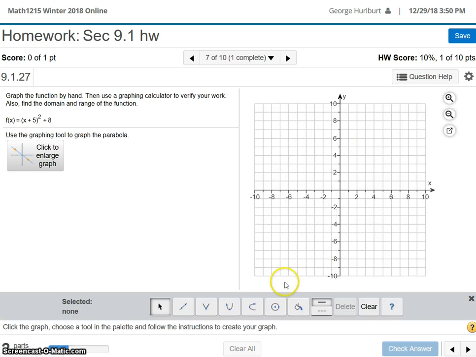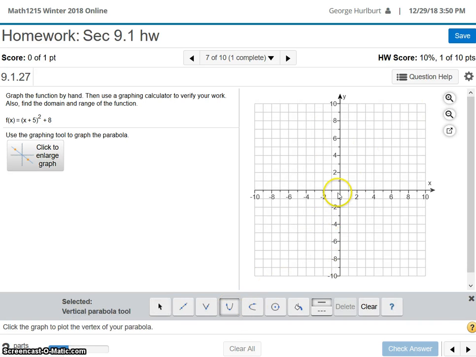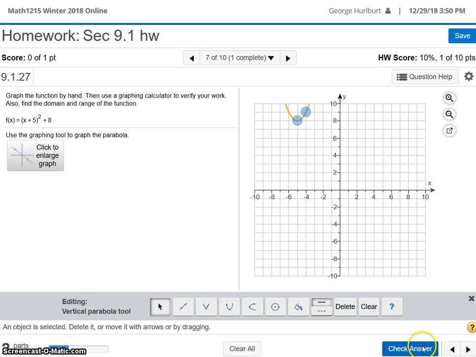So I have to come over here, parabola, left 5 and up 8, like so. And then again, I would plug in another point. I'm going to plug in -4 because -4 plus 5 would be 1. 1 squared is 1, 1 plus 8 is 9. So I got -4, 9. So it should look like that.